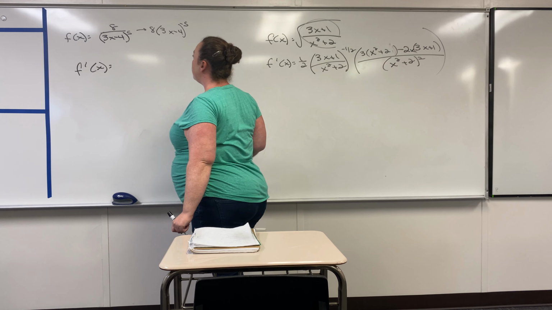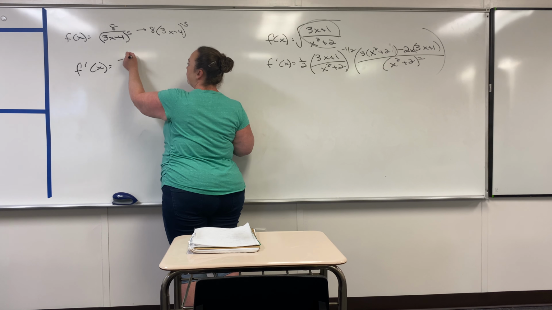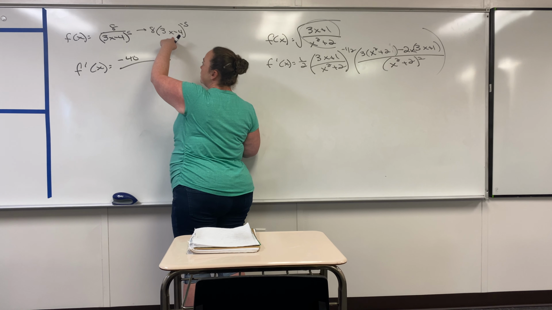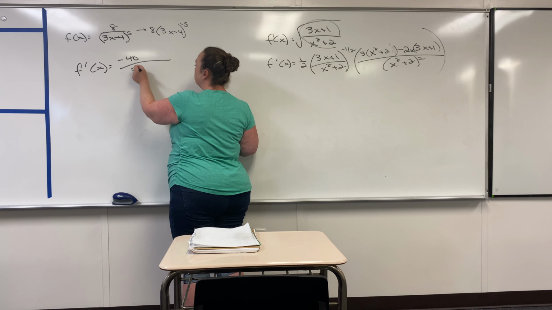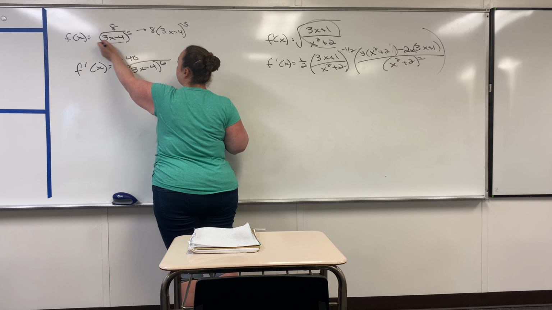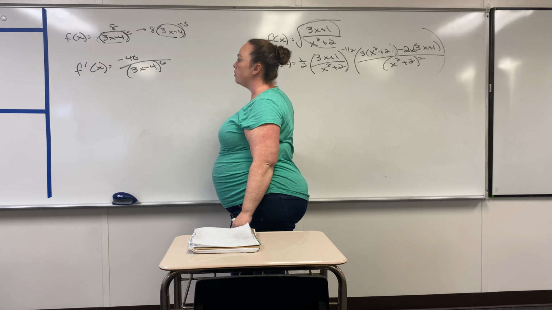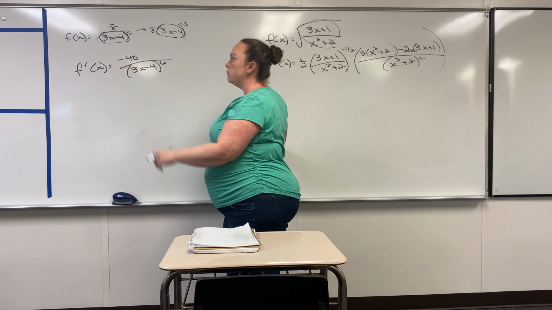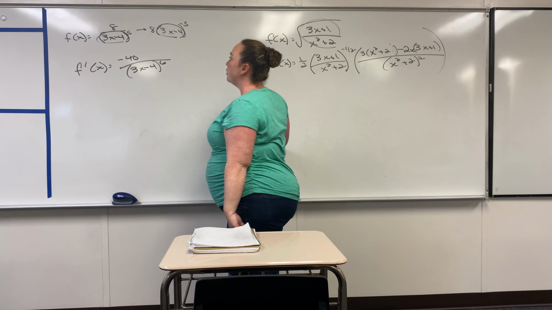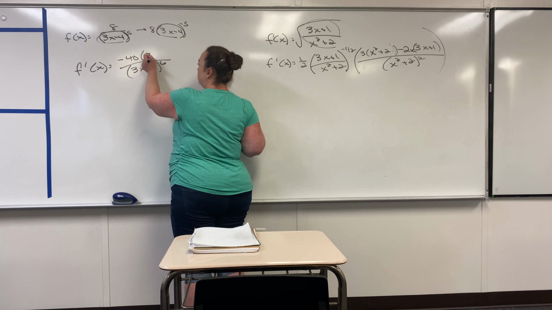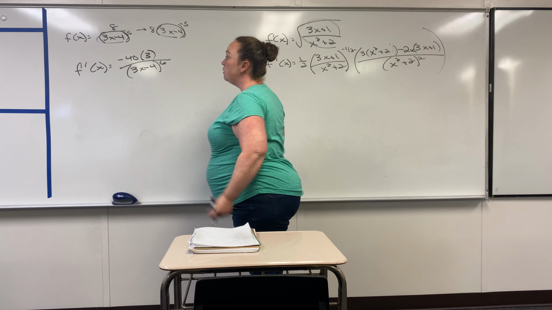So doing power rule, you pull the negative 5 down, so then you're looking at negative 40 times this to the negative 6th. Then this isn't an individual term, that's a function, so you have to take the derivative of that part, which is 3. And then leave it.